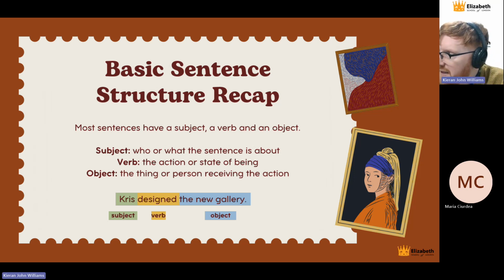And the new gallery is the object because the gallery is the thing that is being designed. Okay, so most sentences follow that structure: subject, verb, and object. So we need to remember this information when it comes to relative clauses because we will need to use subjects and verbs and objects.